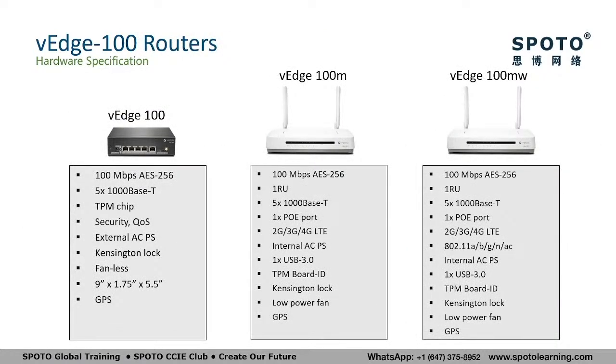Also, this is the vEdge router continued. This is the vEdge 100 series, the 100 wide network only. They have antennas with 3G, 4G LTE and GPS. They all have GPS. Just information for your reference.